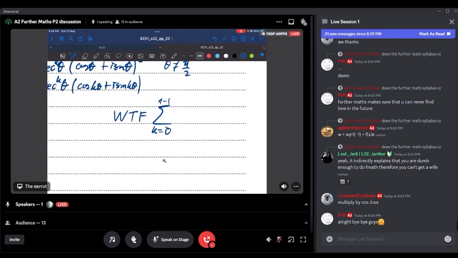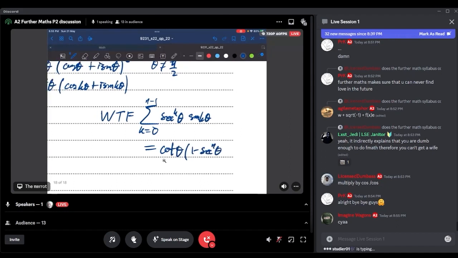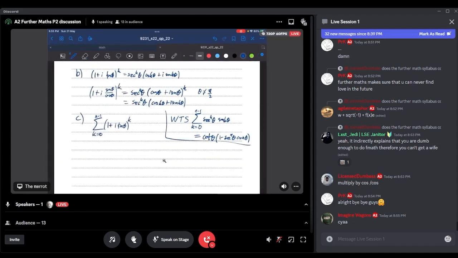So we're going to find, actually it's not find, it's actually show. So I should write show. This is what we're going to show. So that means from here you can see that we just have to take the imaginary part once we expand it.